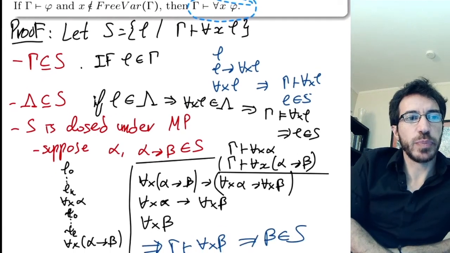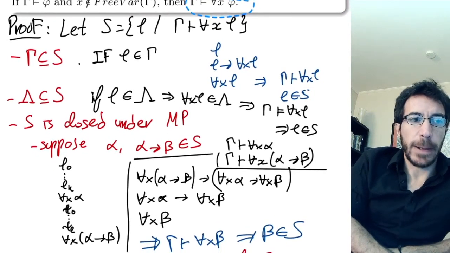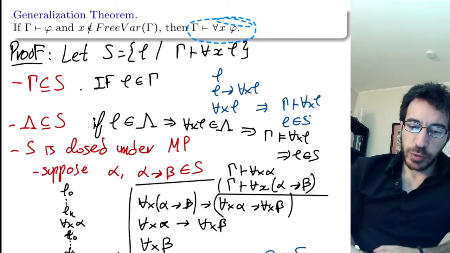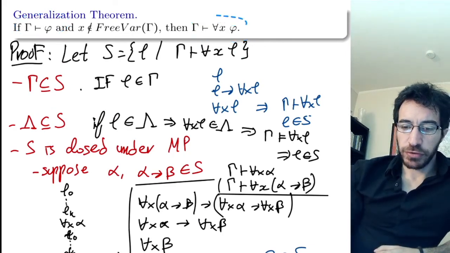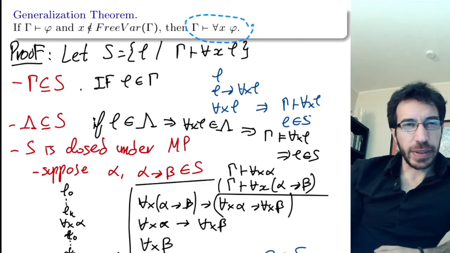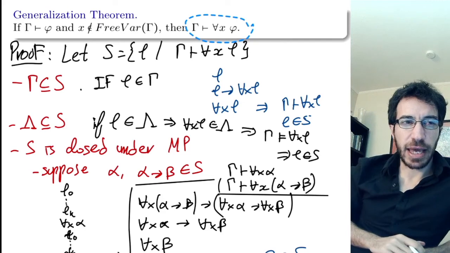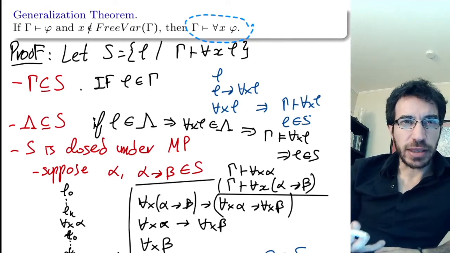So notice this proof gives us a transformation essentially of a proof of this into a proof of that. But it's not a direct transformation in the sense that we just add things at the end, because we are using the induction essentially.